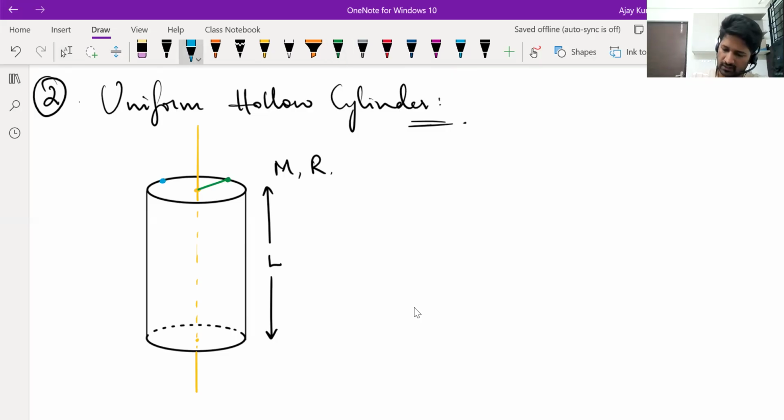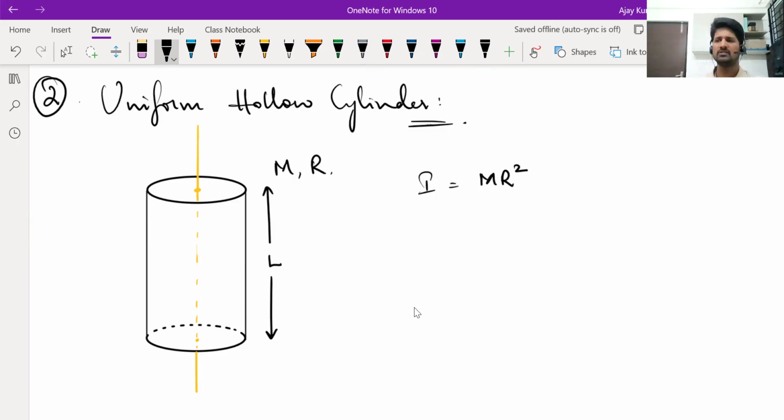You take this particle, it is at a distance equal to radius. And the same happens everywhere on the surface. From the axis, the perpendicular distance is the radius itself. So we can say that the entire mass of this cylinder is at a distance r from the axis. Therefore, its moment of inertia about that axis should be mr square, because moment of inertia only depends on mass and the distance at which the mass is present.